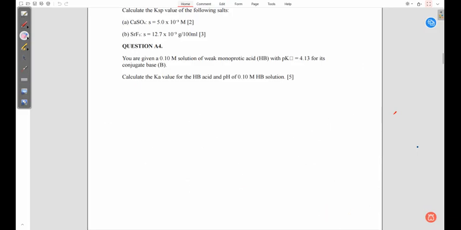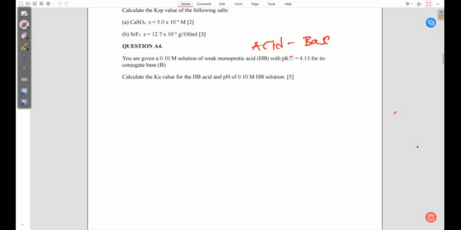Now question 4, you're given a 0.10 molar concentration solution of a weak monoprotic acid. So this is now coming from acid base equilibrium. Okay, so we are given the pKa, so that's also an omission there. So that's supposed to be pKb.